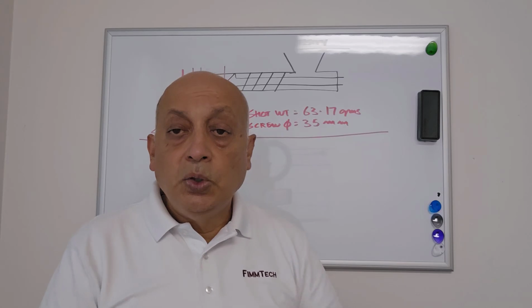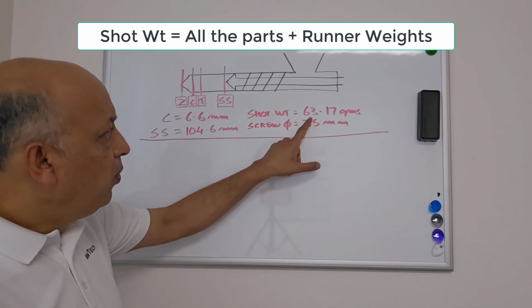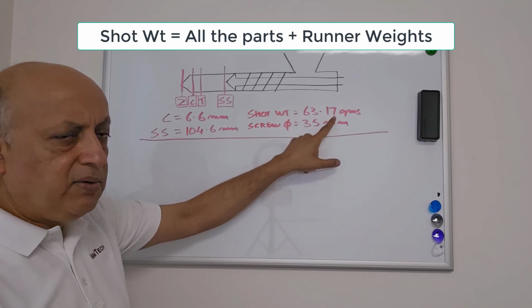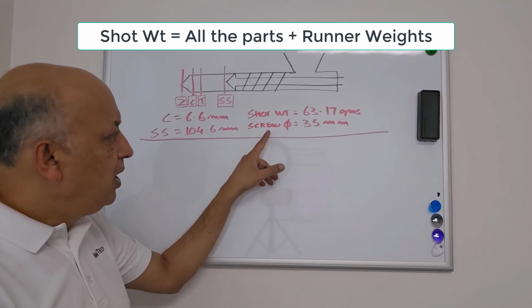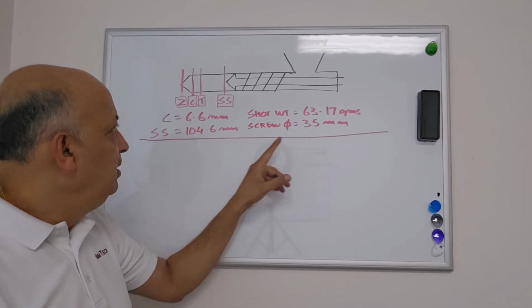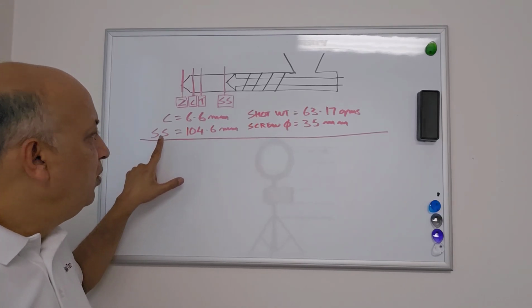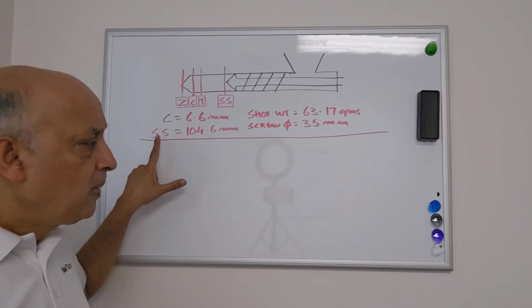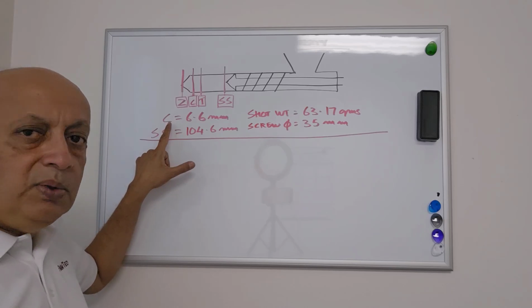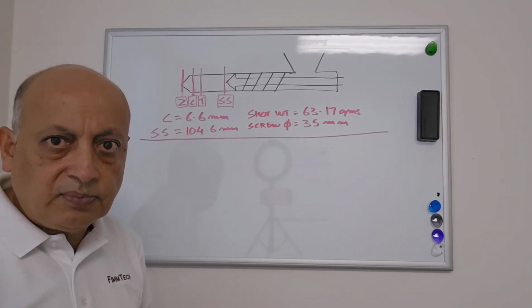Okay. So let us say that you're molding a part in your shop and the shot weight is 63.17 grams. The screw diameter is 35 millimeters for this particular machine. The shot size you have set on the molding machine is 104.6 millimeters, and the cushion value that you currently have is 6.6 millimeters, right?